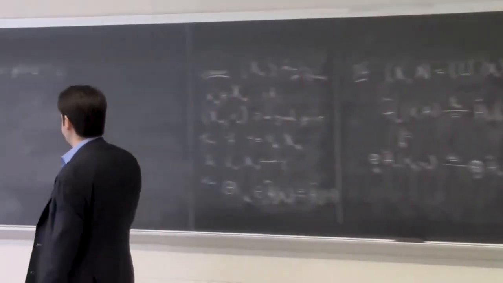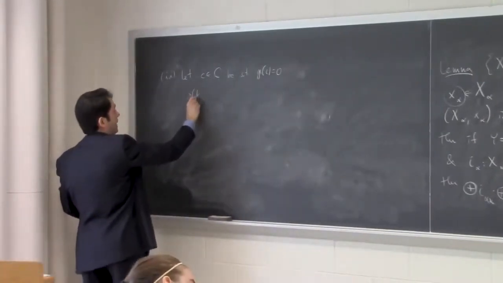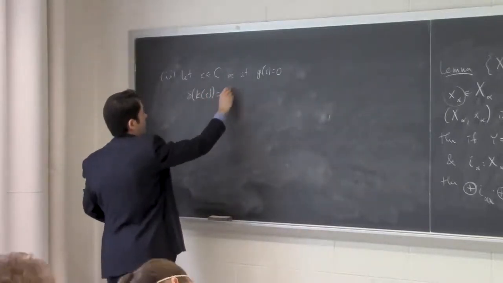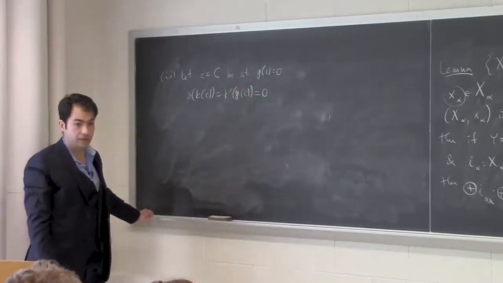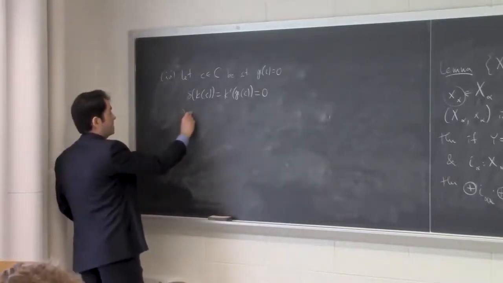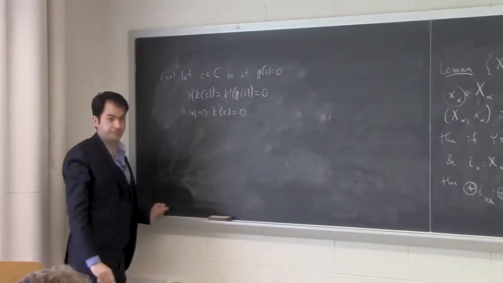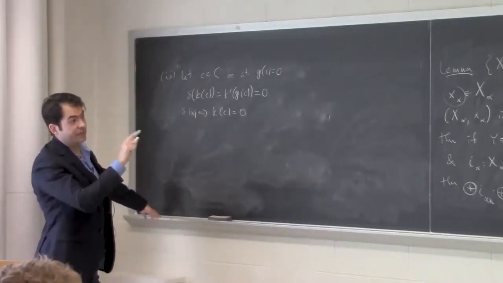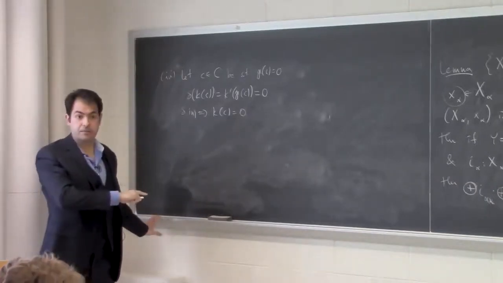So what we know is that delta of k of c is the same as k prime of gamma of c, which is equal to 0. Right? And we know that delta is injective. So that means k of c must be 0. Right? Okay, but if k of c is 0, then exactness of the top row tells you that you were actually in the image of j.